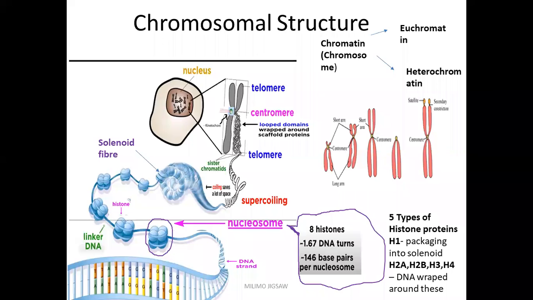There are 5 types of histone proteins: H1, which is essential for packaging into solenoid, and H2A, H2B, H3, and H4, around which DNA is going to wrap.